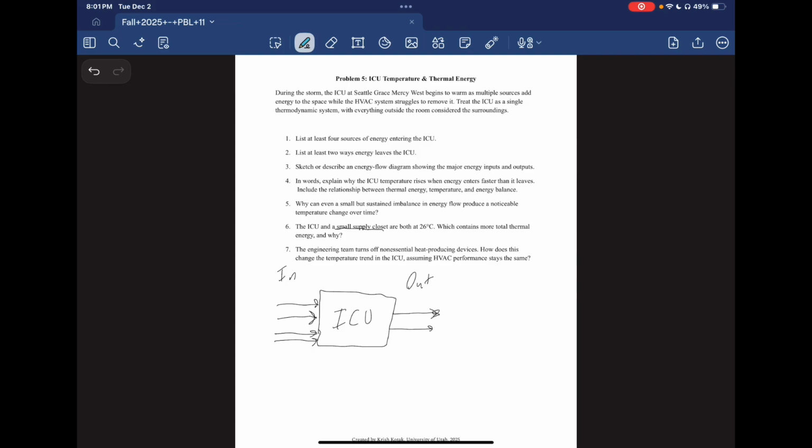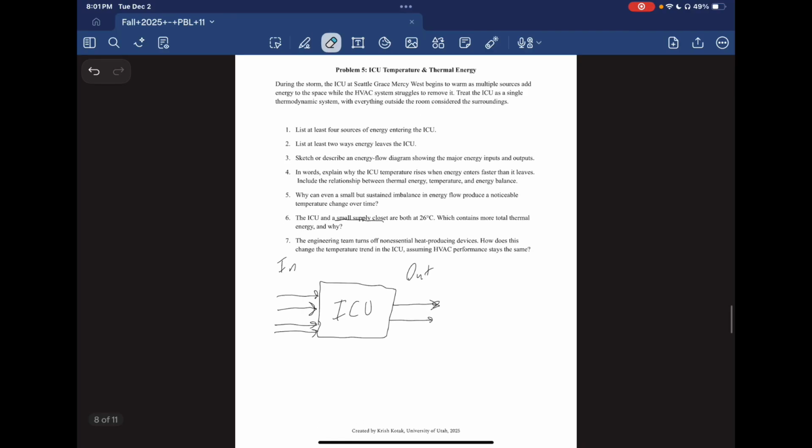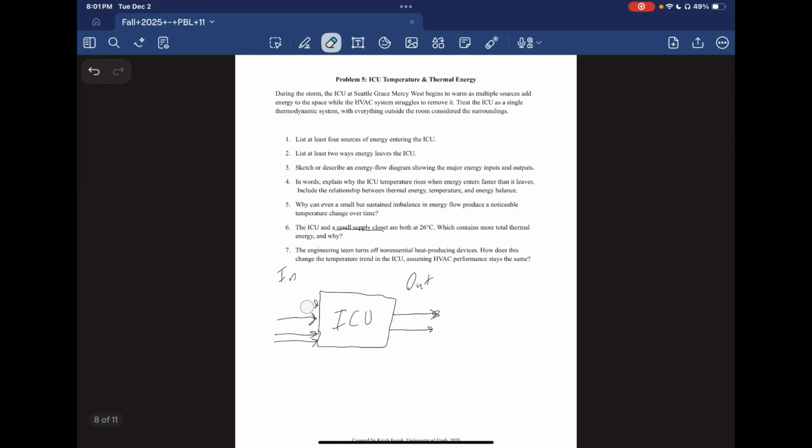And then for question 7, the engineering team turns off non-essential heat producing devices. How does this change the temperature trend in the ICU? We can't really answer this fully because we don't have numeric values for anything, but let's say that there are 3 heat producing devices we can erase here, then the heat would decrease.